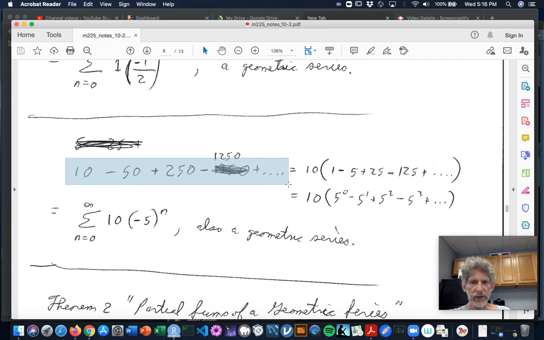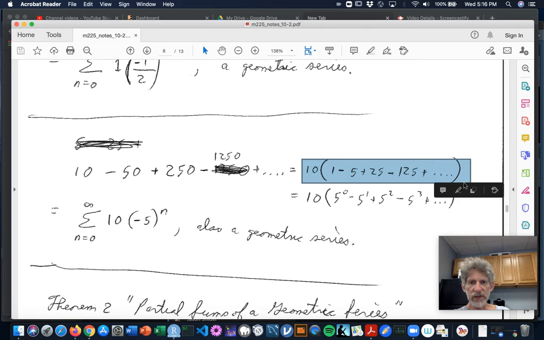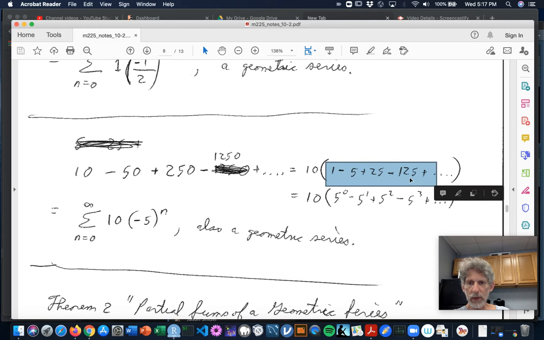This is actually a geometric series, 10 minus 50 plus 250 minus 1250 plus something minus something forever. And in order for me to figure out how to write it in standard form, it might be a good idea to factor out a common factor of 10. So that 10 there is going to become my c. And then I look at the other terms and see if I can get some powers of something. And I realize I could do powers of 5. 1 is 5 to the 0, and then I've got a 5 there, which is 5 to the 1.